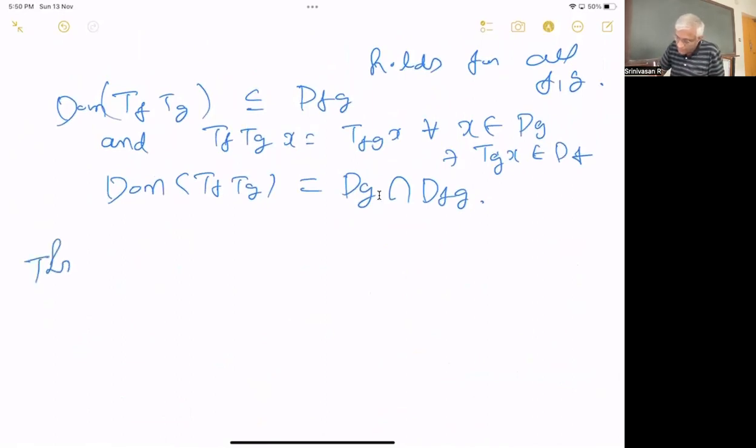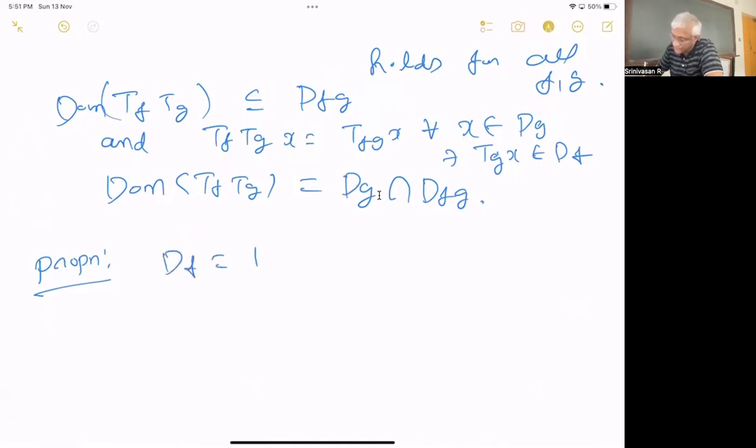So this is the theorem we want to do. No, before that, I want to say the following. The final thing about T F: D F equal to H is something clear, I think.